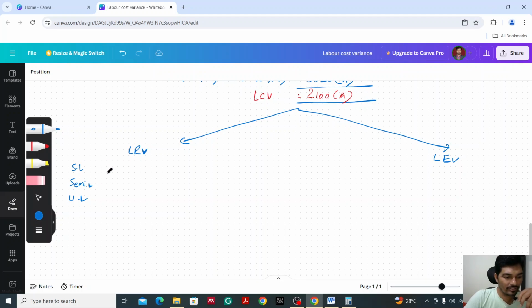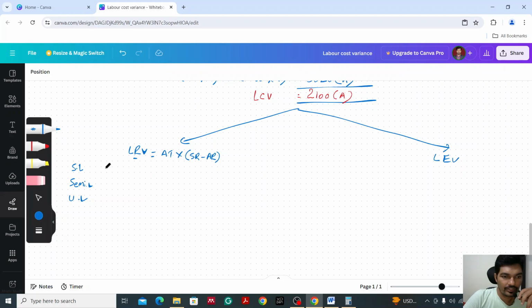So what is the formula we use to calculate the labor rate variance? The actual time is multiplied with the rate. We should take the standard rate to find out the variance. Standard rate minus actual rate.